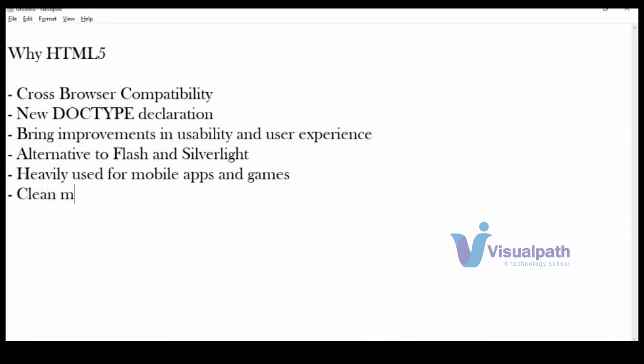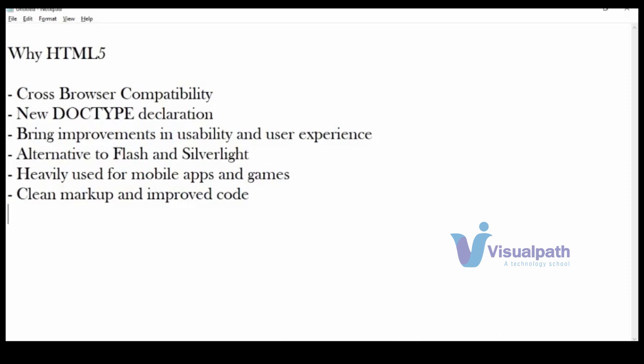That is clean markup and improved coding. Okay, now what is this? HTML5 has come along with clean markup and clean code that makes it more accessible than the previous version.